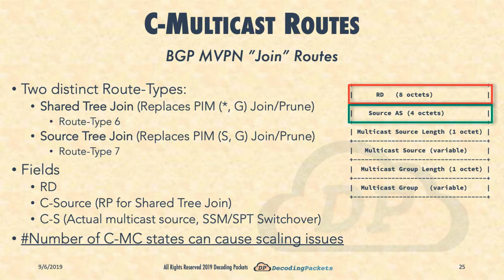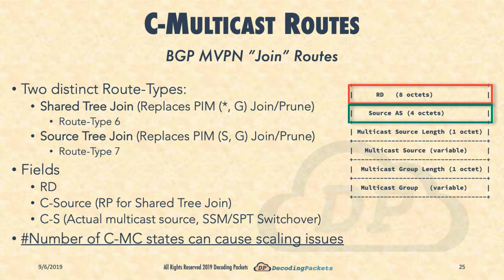So it is not the local PE RD, as is usually the case for most routes, but it is the RD of the PE that advertised the C-RP or the C-S IP address to you via a VPNv4 route.